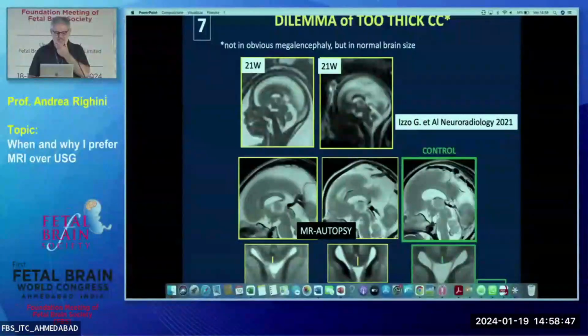So sometimes it happens that, for many reasons, there are terminations. Of course, when we talk about the thicker corpus callosum, we get rid of giant brains and big brains. We are talking about normal sized brains, because when we get a big brain, it's obvious the corpus callosum can be thicker.